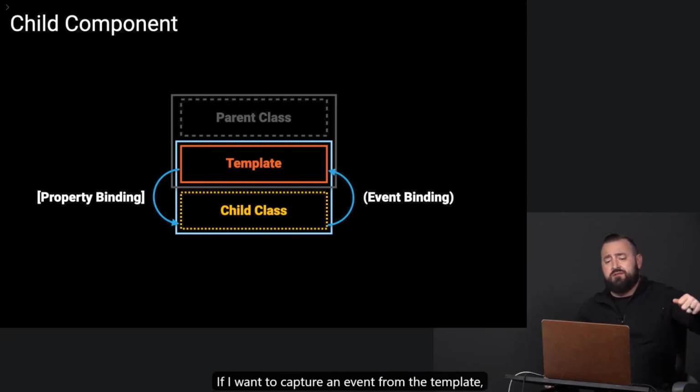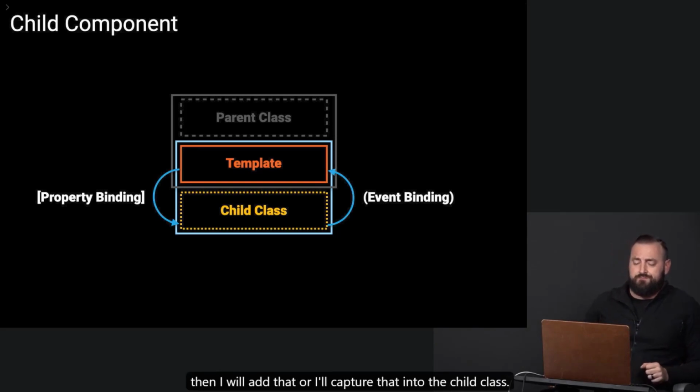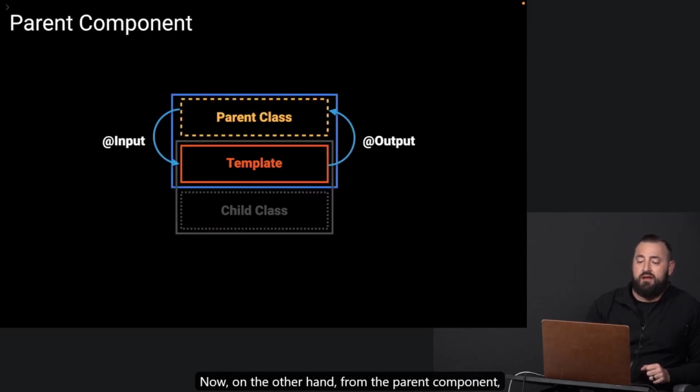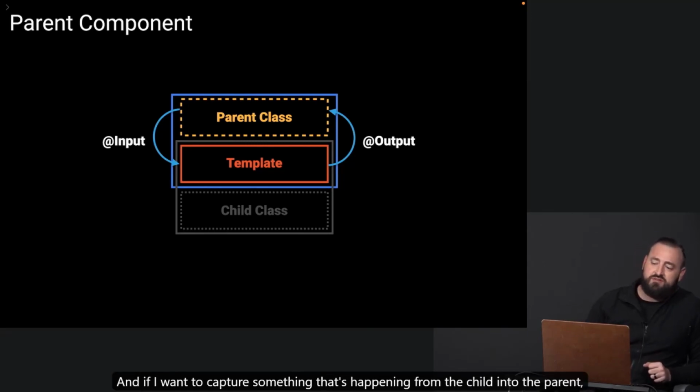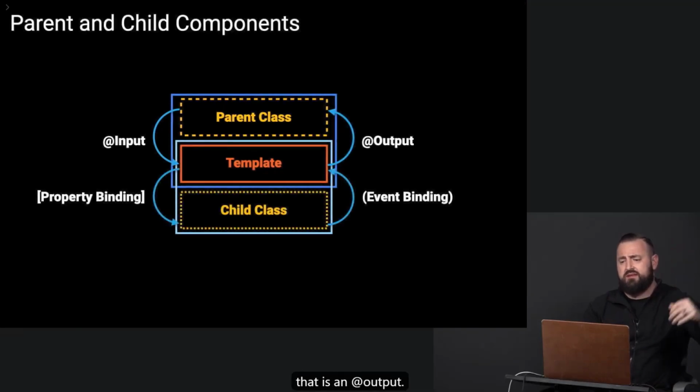If I want to capture an event from the template, I'll capture that into the child class. Now, on the other hand, from the parent component, if I want to put something into the child, I do that via input, and if I want to capture something that's happening from the child into the parent, that is an output.